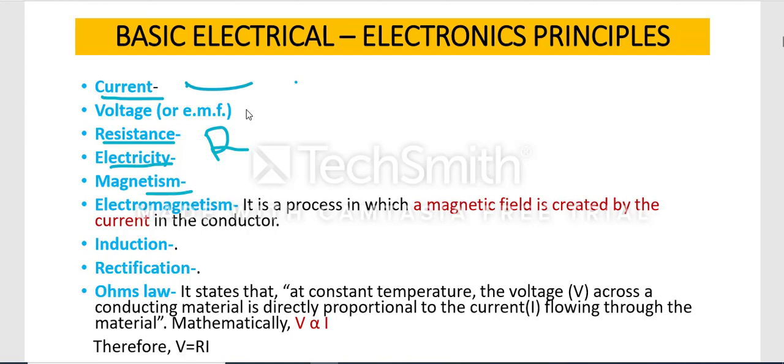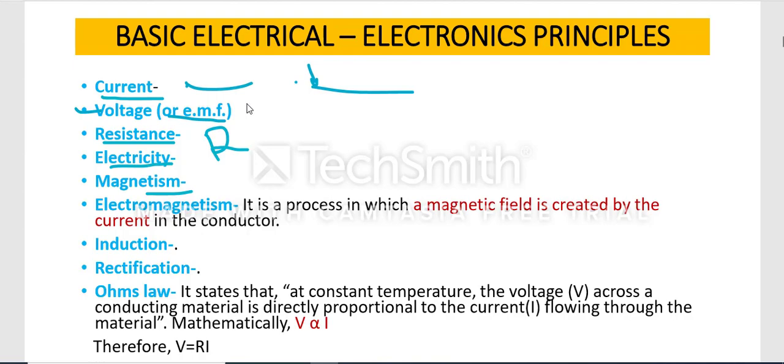Suppose a wire is there and we are supplying a current here. So there is a rate of flow of electron movement. The rate of flow of electric charge over a point or a region is known as current. The next point is voltage. Voltage is also known as EMF, electromotive force. What is meant by voltage?